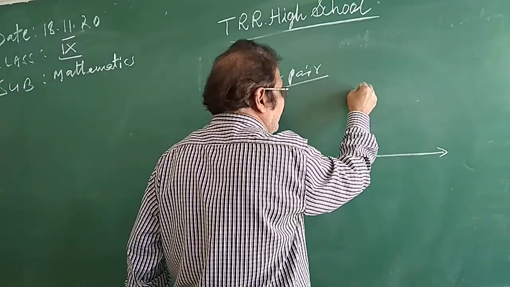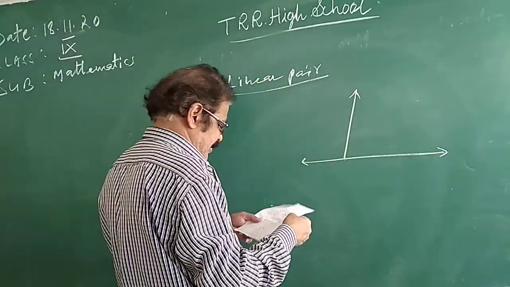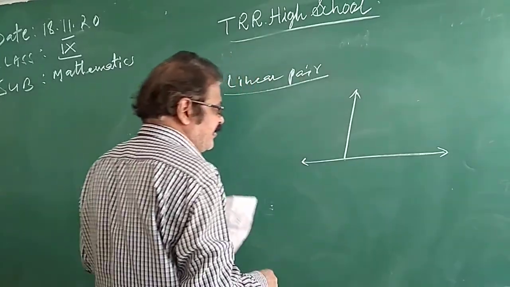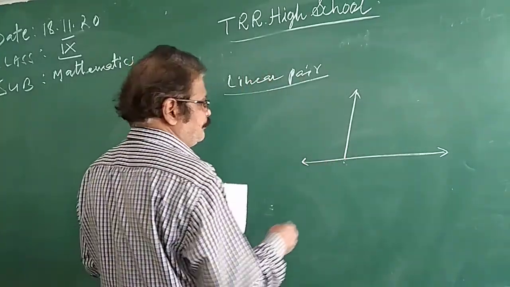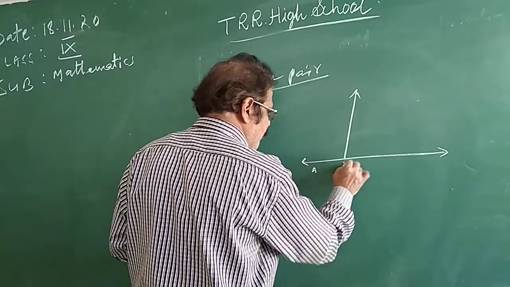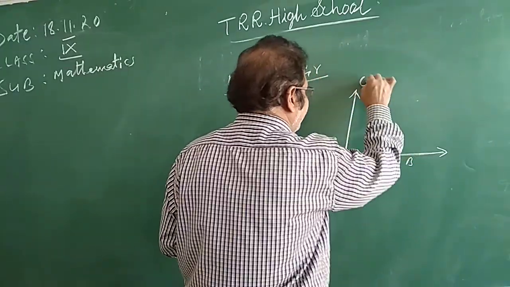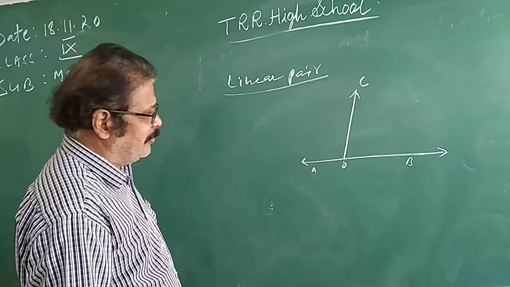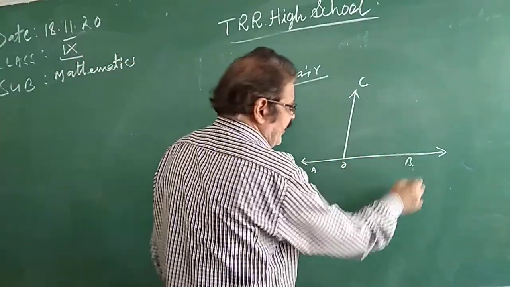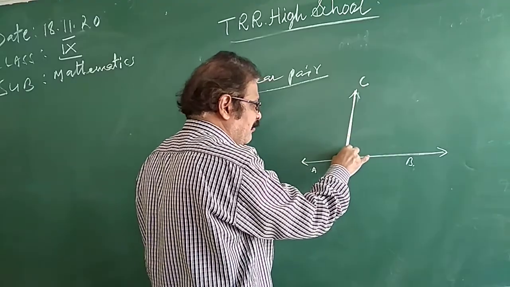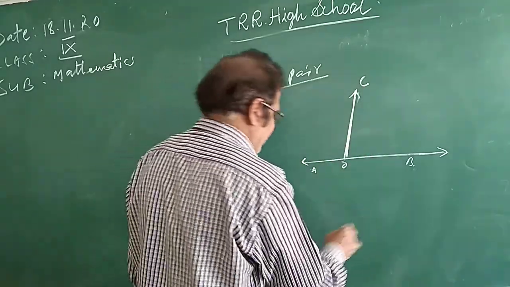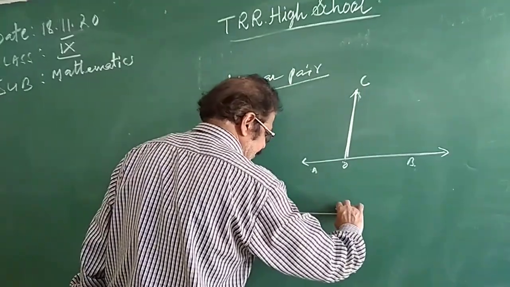This is A, O, B. So this is the AB straight line. On the straight line, one ray OC is turning.